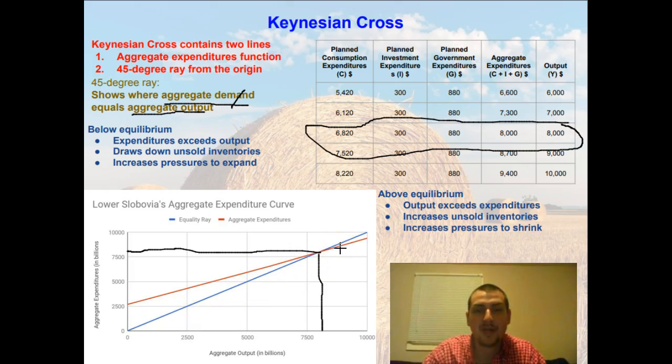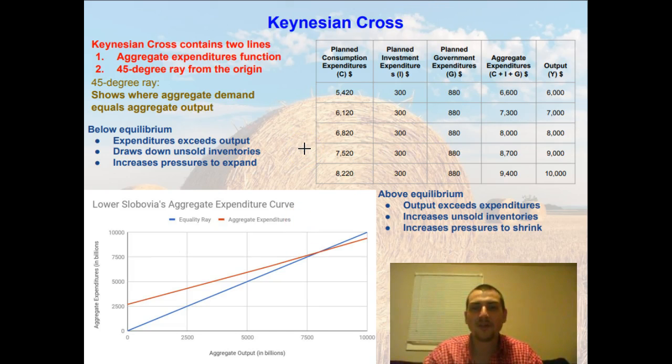That blue line is that 45-degree ray, where it's showing us all the different possibilities where aggregate expenditures equals aggregate output, showing us all the different possibilities of where this nation could be in equilibrium of the product market, and it's where that aggregate expenditures crosses that 45-degree line, right at that point where they intersect. That is going to be where the nation's equilibrium of product market occurs. We can now see it both graphically and on this table. So what does all this mean?